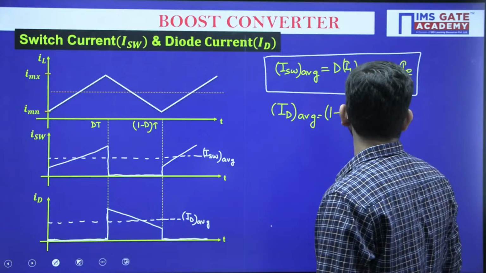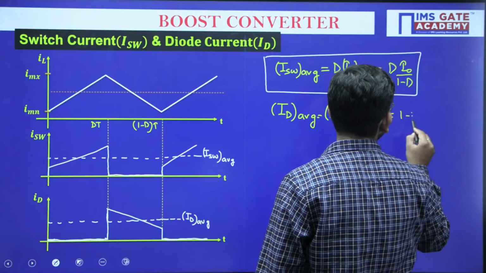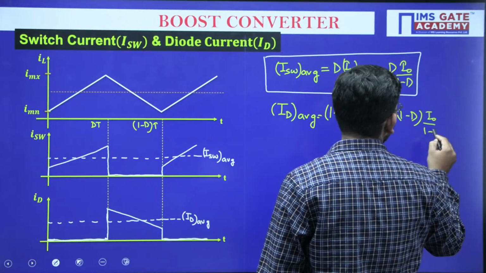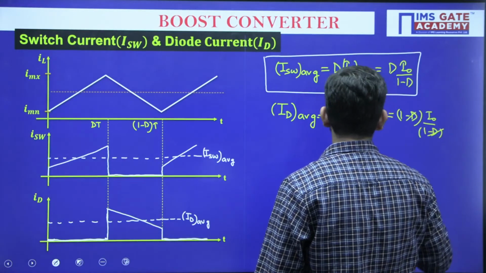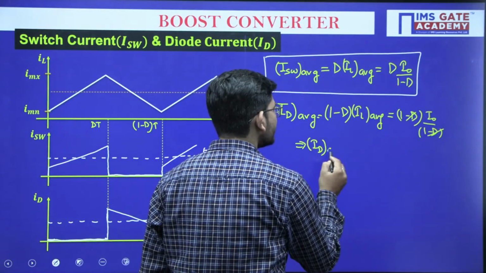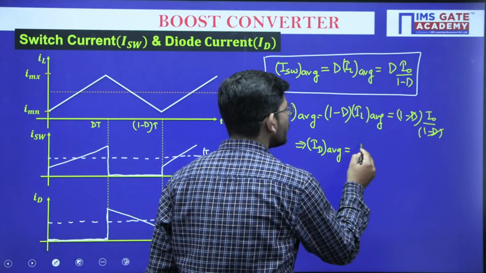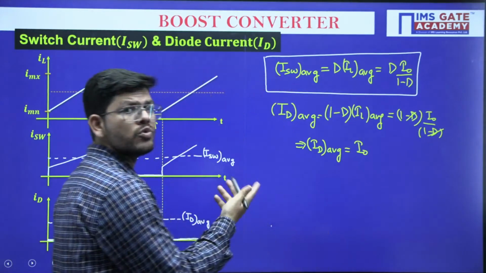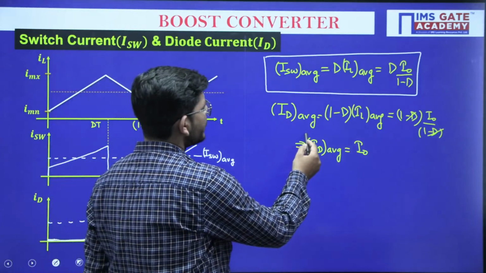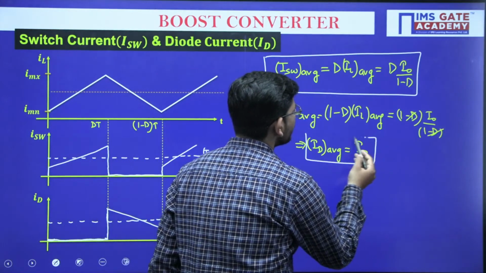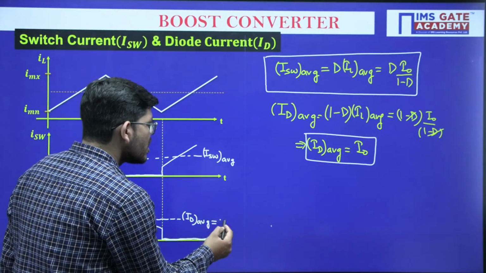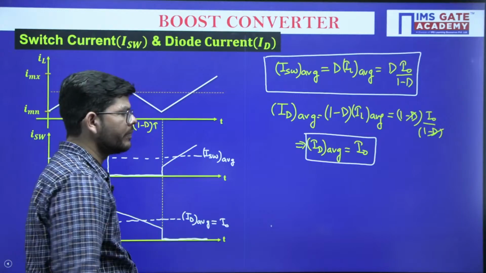Now 1 minus D and IL average, I can put I naught upon 1 minus D. So that will get cancelled. Wow, what I have found here is that the average diode current is equal to I naught. That's a really interesting thing that we have obtained.